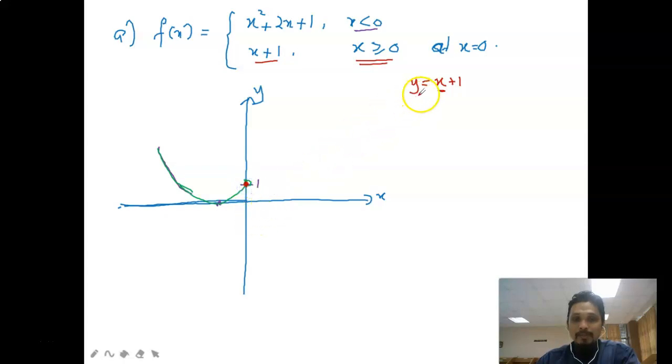And then when y equal to 0, then x equal to negative 1 here. So we come up with this line. There you go. By the way, this graph of f(x) equal to x plus 1 is valid for x greater than or equal to 0.